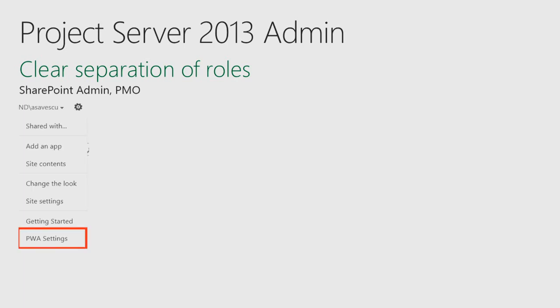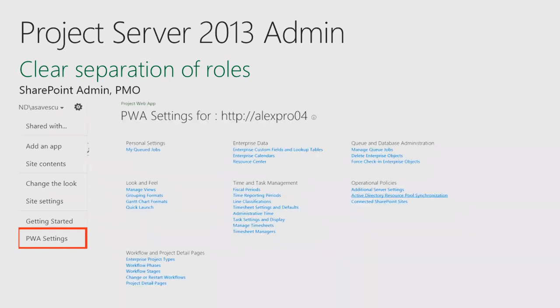So for the PMO role, just like a PMO in SharePoint has the cogs menu, goes to site settings to create lists, libraries, create fields, and so on, we added a PWA settings menu over there. And there we left only things that pertain to PMO type of work, like manage your resource pool, or create custom fields and EPTs and so on and so forth.